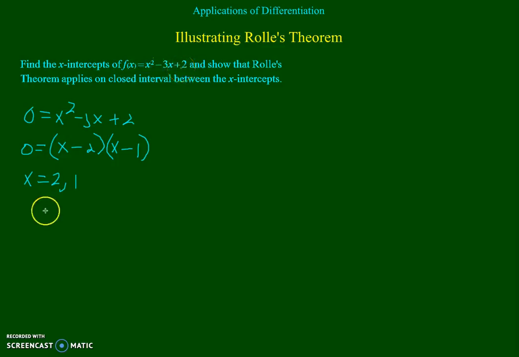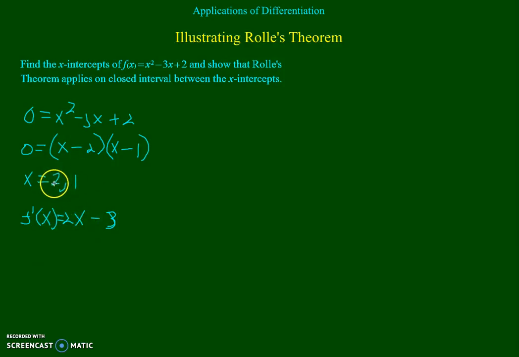The second condition is that it must be differentiable on the open interval. So let's differentiate this. f prime of x is 2x minus 3. And 2x minus 3 exists at both of those points, so this function is differentiable on the open interval. And so the second condition applies.